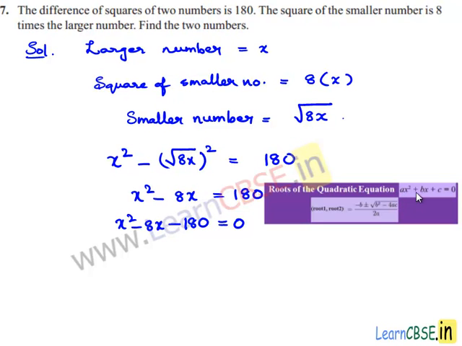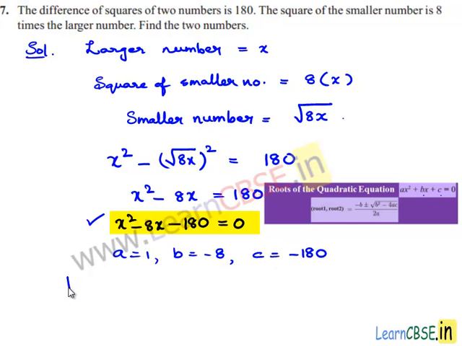So the roots of the quadratic equation ax square plus bx plus c is equal to 0 are minus b plus or minus square root of b square minus 4ac divided by 2a. If we compare this equation with the standard equation, we get a is equal to 1, b is equal to minus 8 and c is equal to minus 180.